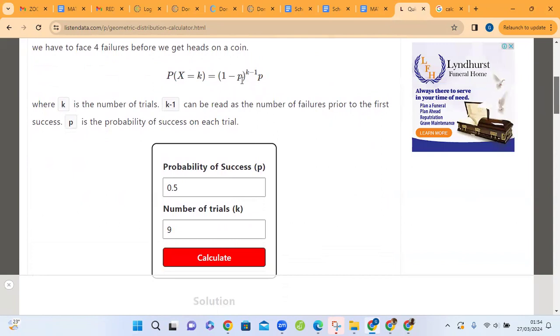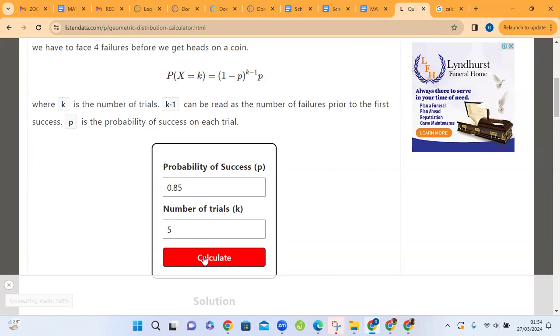There it is. Probability of succeeding on the Kth trial. So that'll be 0.85 for probability of success, and R is 5. Here they are using K instead of R, where K is the number of trials.